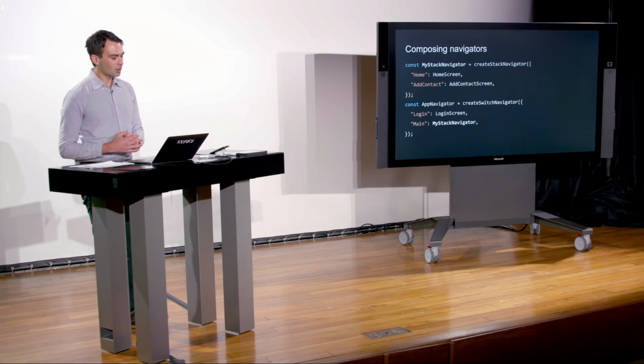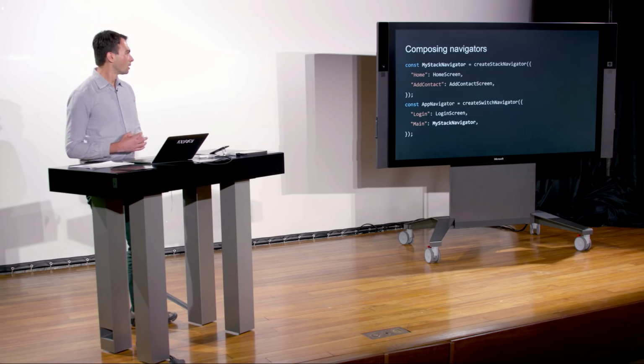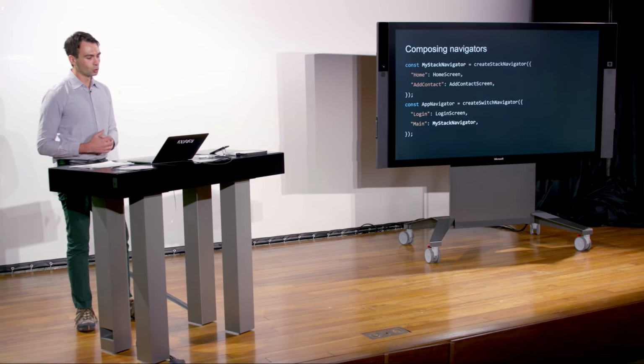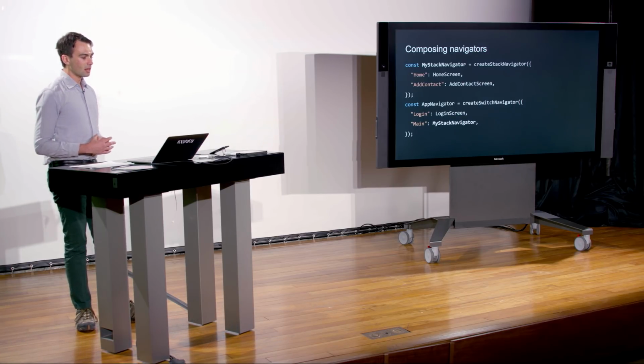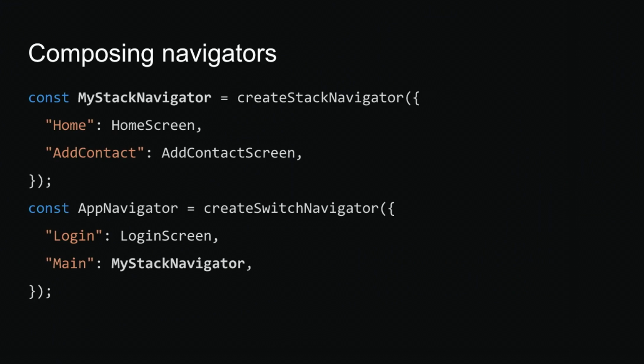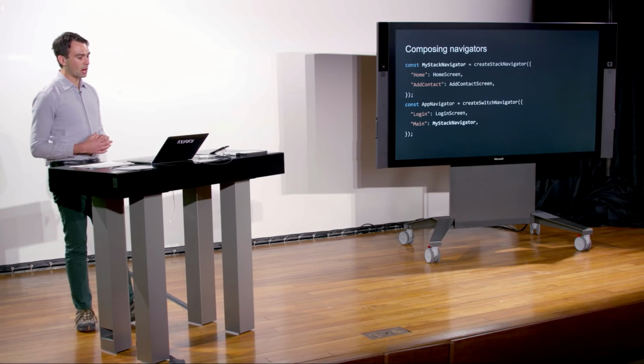Cool. So this is what it looks like to compose a navigator. You can see that in this case, we're creating a StackNavigator, as per usual, with two screen components. But then down here, when we're creating a switch navigator, it's our top-level navigator, as you can see, because it's an app navigator. We're registering the StackNavigator inside of it as the main route.